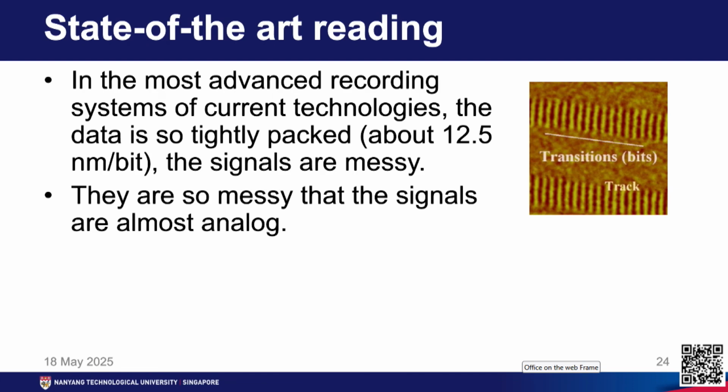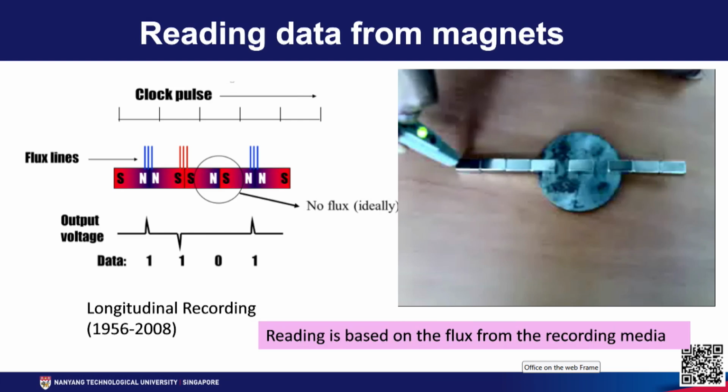Because the bits are so small and the data is tightly packed, the signals are messy, so messy that they are almost analog. In the earlier picture I told you that a signal means 1 and no signal means 0, with very clear peaks.